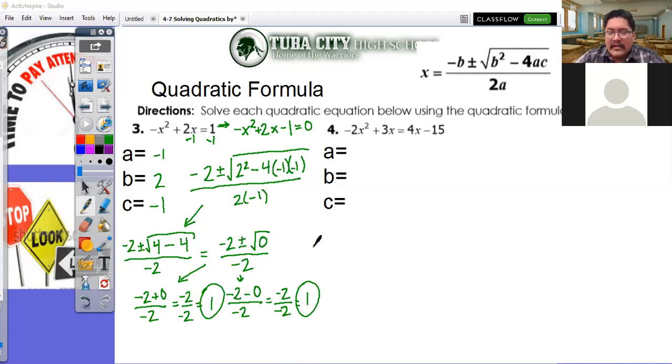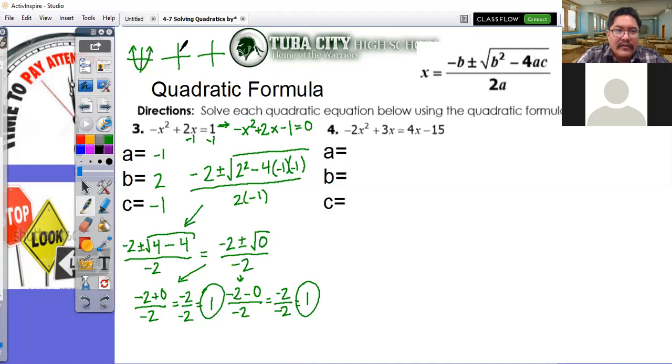Now, earlier, like 2 weeks ago, we talked about the number of solutions. So remember, with a quadratic, let's draw some simple graphs here. There are three possibilities. The most common one is two solutions, and that's where there are two contacts between the parabola and the x-axis. So it crosses one here, one there.